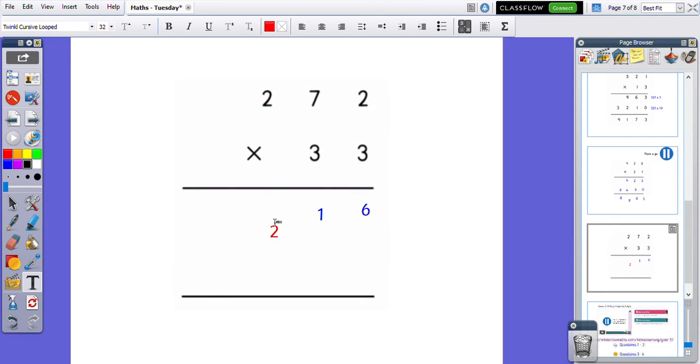And then I'm going to add on these 2 I've carried because remember, we can't have more than 9 in one column. It doesn't work. So we have to carry that over to the next column. So in this case, we've carried the 10s to the hundreds. So I've got 3 times 2 to give me 6. Add 2 gives me 8.